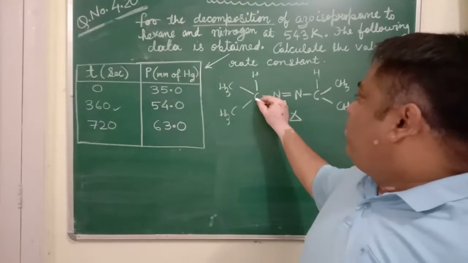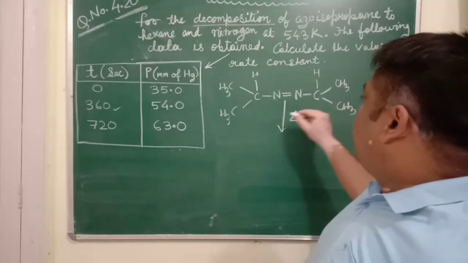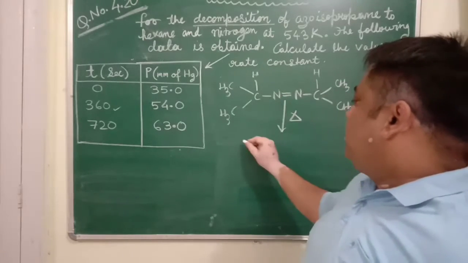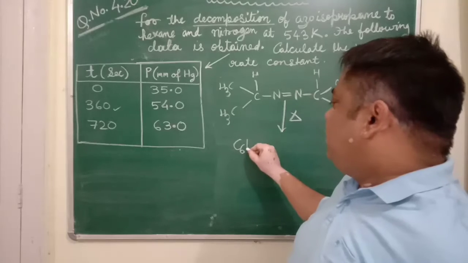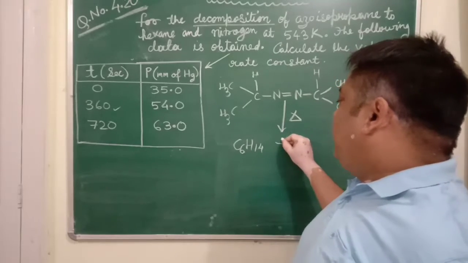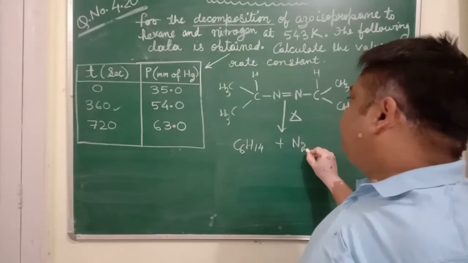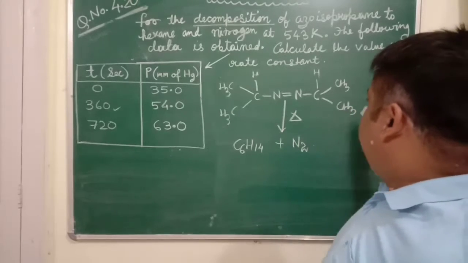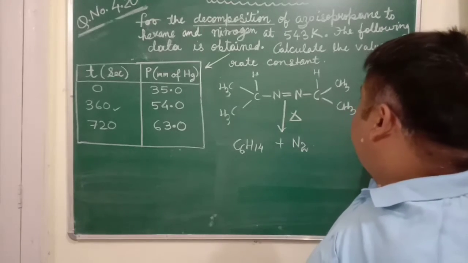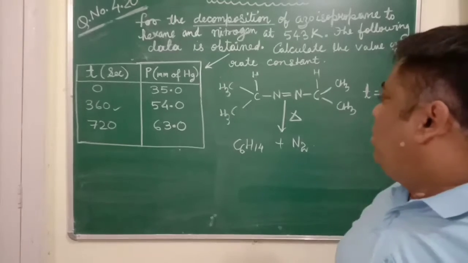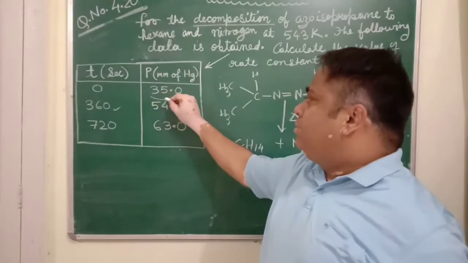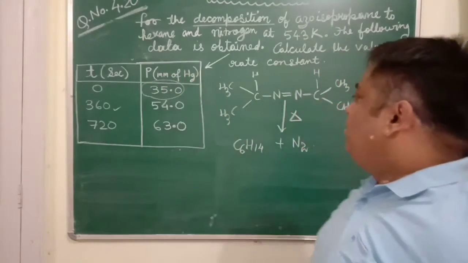So it is forming 3 carbon here and 3 carbon here. 6 carbons are there. So it is forming N-hexane and nitrogen gas is coming out. That means initially when time was 0, only the initial pressure of 35 mm of Hg was there.